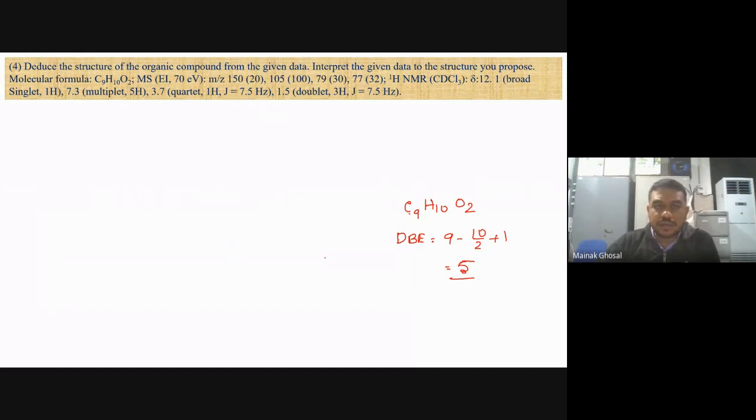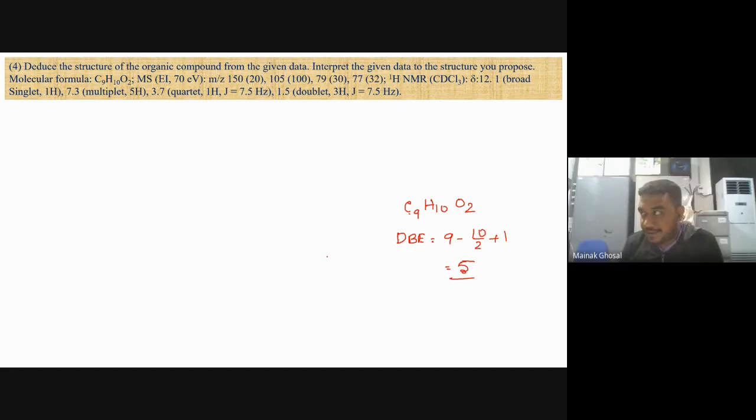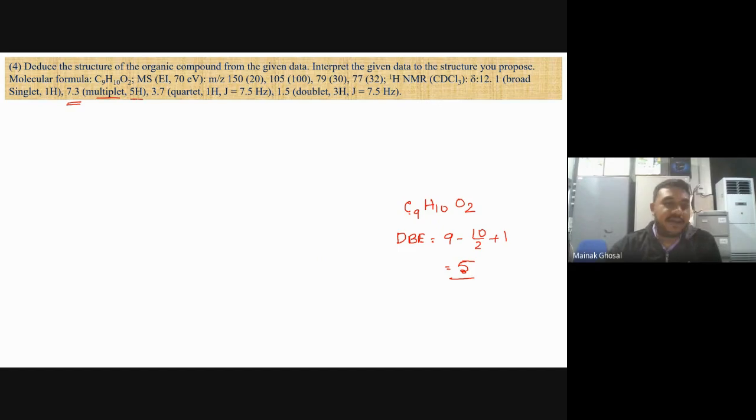Now, from the data, can you predict which kind of compound this is? Monosubstituted benzene. How can you say that? Because here we get 5 hydrogens giving a multiplet. Exactly. 7.3 multiplet, 5 hydrogens.